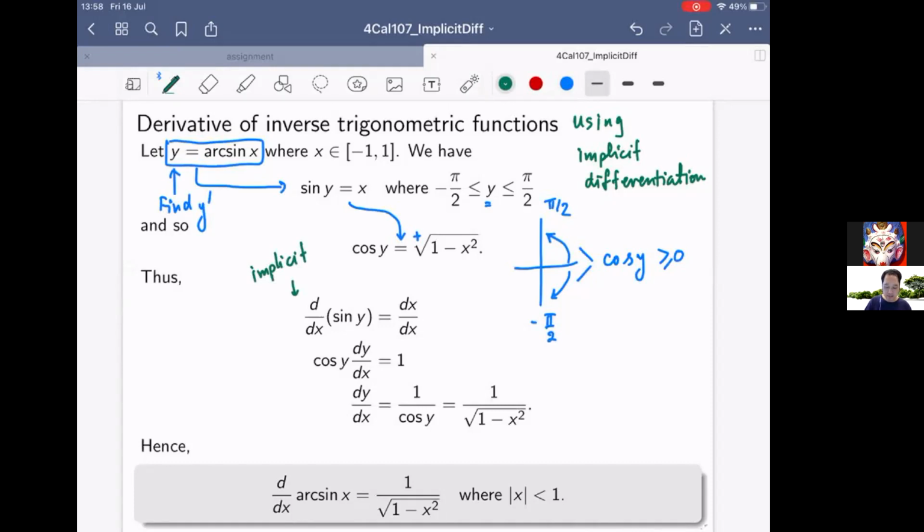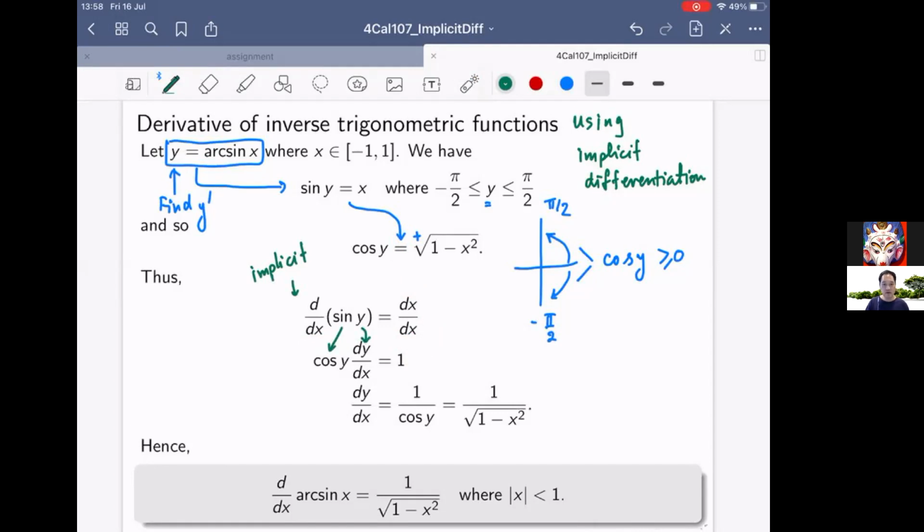The first one becomes d by dx of sine y, and on the right-hand side you get the derivative of x with respect to x, which is easy, it is 1. But for this one you use the chain rule: the derivative of sine is cosine, and then the derivative of the inside, which is dy by dx.